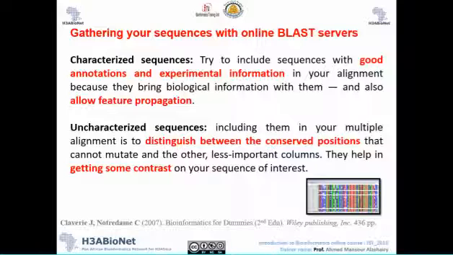Or if you have an uncharacterized sequence, you have to distinguish between the conserved positions, so you need to get some contrast. These are the two reasons for gathering similar sequences using BLAST.